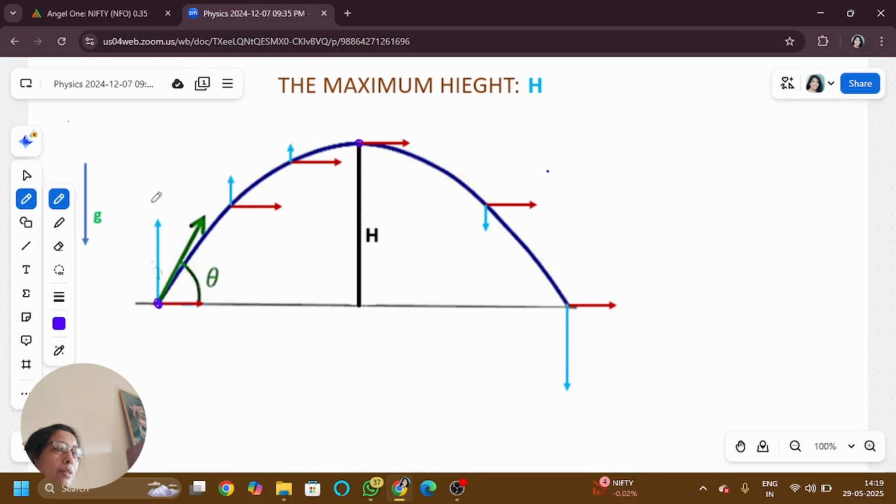The initial velocity in the vertical direction is u sin theta, and the final velocity, or the velocity at the maximum height, has to reduce to 0, otherwise it will go further higher. So at the maximum height, the final velocity is 0, and now you can use the third equation of motion to calculate the maximum height or the displacement in the vertical direction.